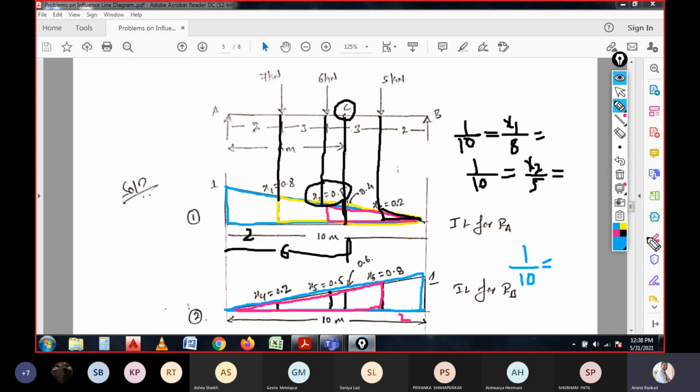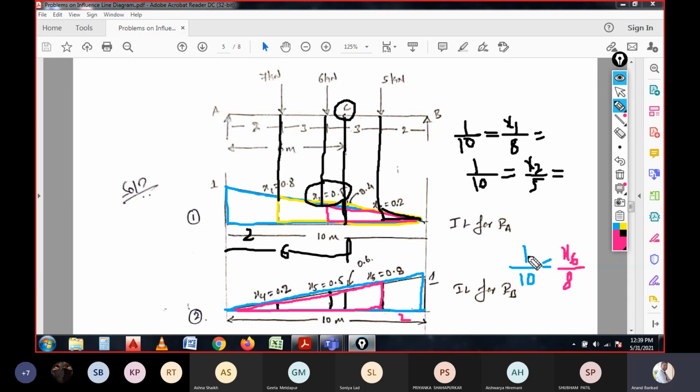And for the pink line, we have the triangle of x6, which is unknown because that is the height, divided by 8. 8 is because in 10 meter it is subtracted with the 2, because from here we are starting to calculate the length. That means the pink color triangle has the base length of 8 meter and the height is unknown.